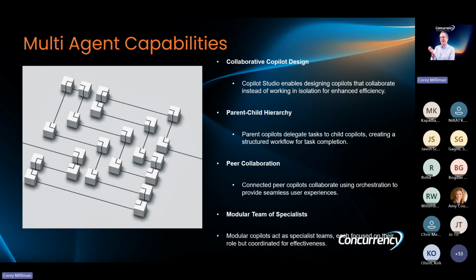A parent agent can delegate tasks to different child agents, and that creates a structured workflow that keeps your conversations more coherent. And third, we have peer-to-peer or agent-to-agent, where connected agents can work as equals, orchestrating across the domain to provide a seamless user experience. Taken together, these form a modular team of specialists, each focused on its own role as part of the bigger picture in your organization.